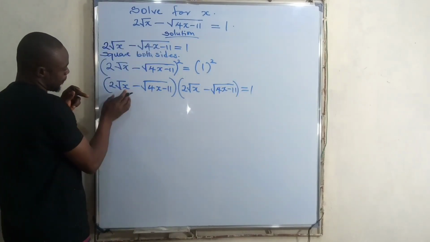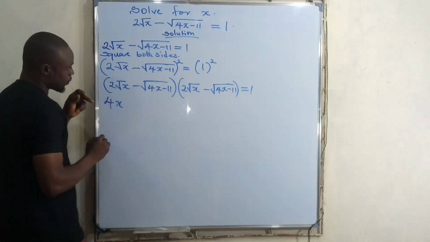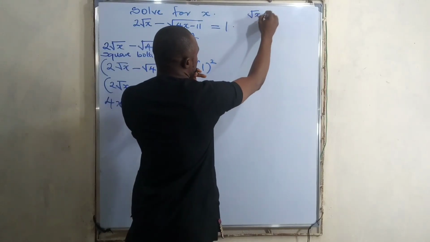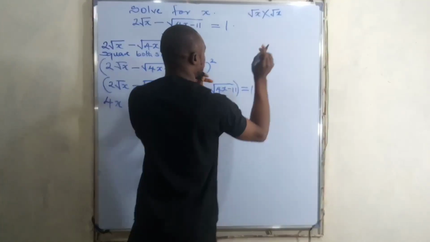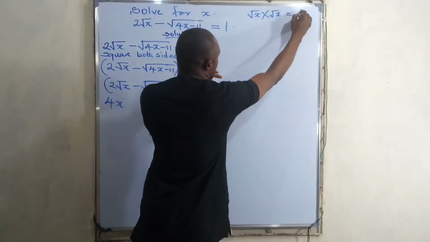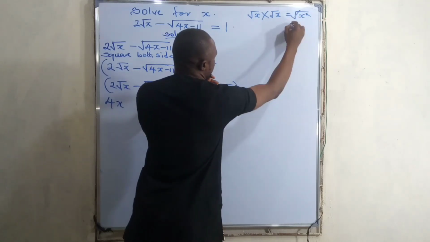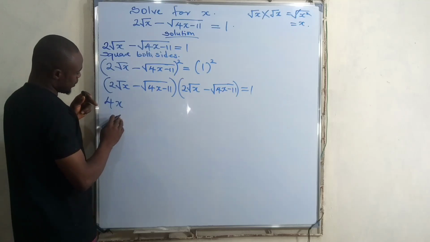All right, so 2 root x multiplies 2 root x is 4x, particularly from the idea of surds. The root of x multiplies the root of x gives us the root of x squared. So the square cancels the root and we have x.